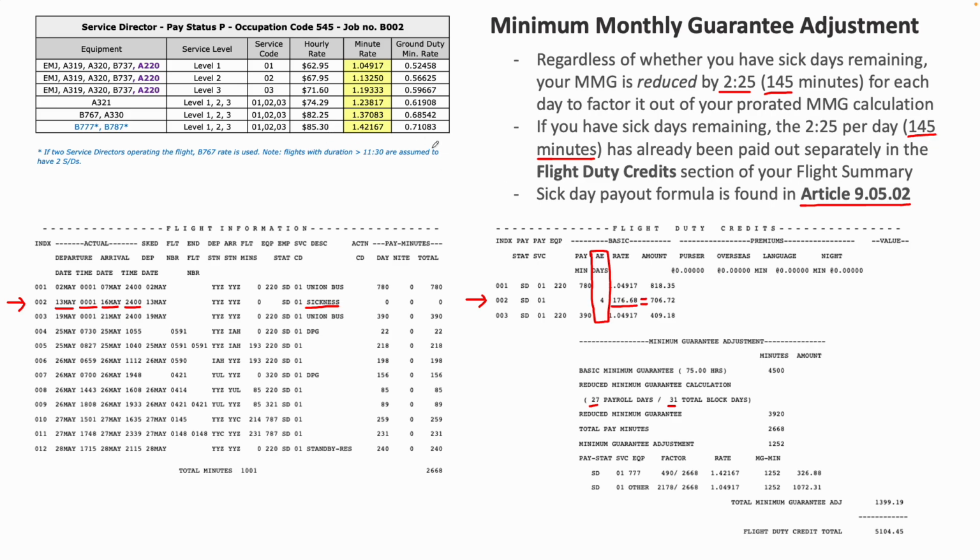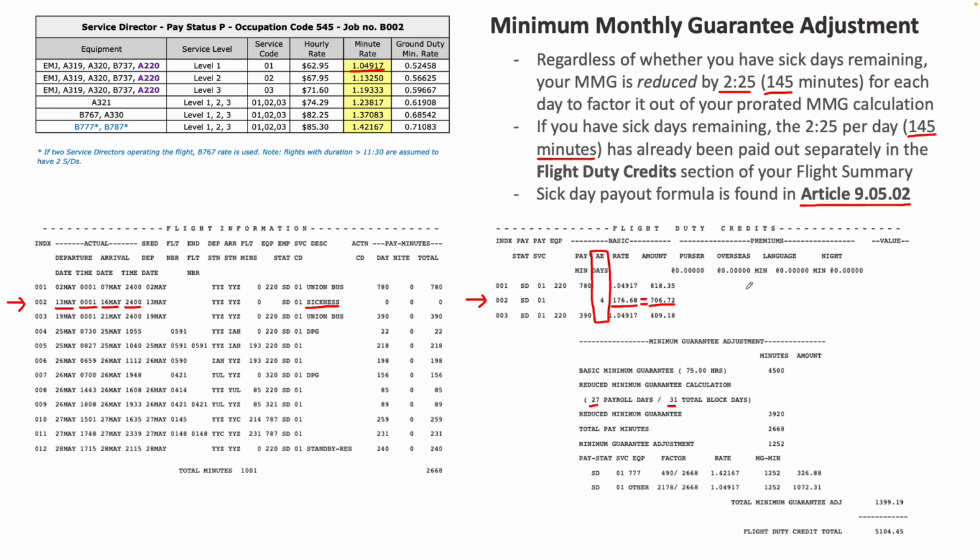So for me as a service director, in my first year, it would be $1 and approximately 5 cents per minute that I am paid to fly on narrow body aircraft. As long as that amount of pay per minute times 145 times 4 is equal to or less than what I am paid out for my sick time, then I assume that to be correct.